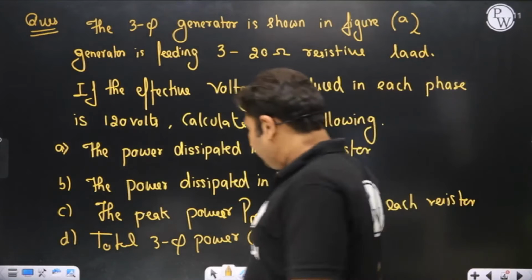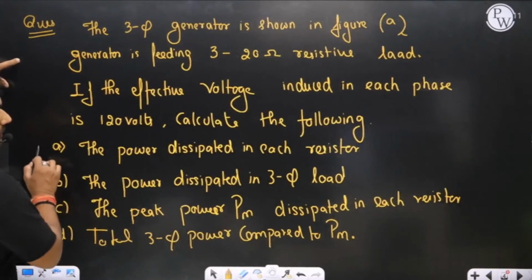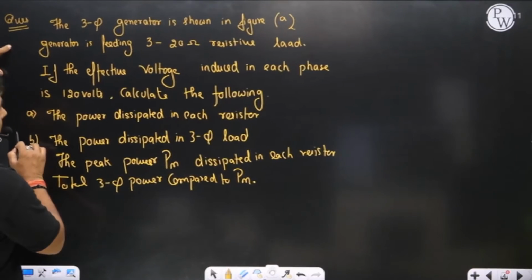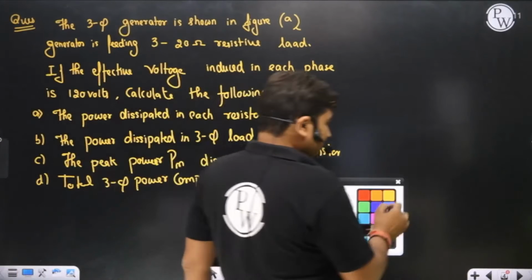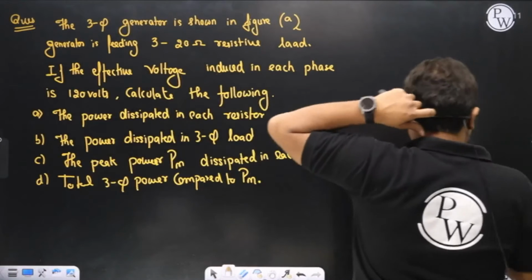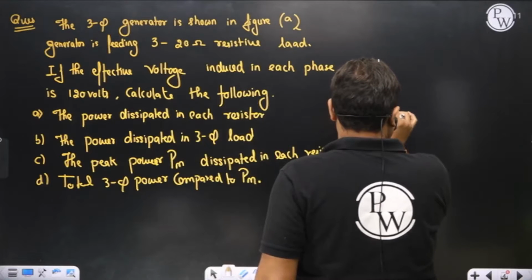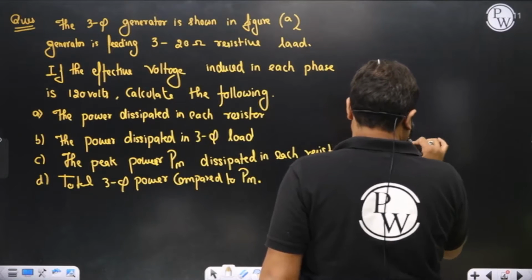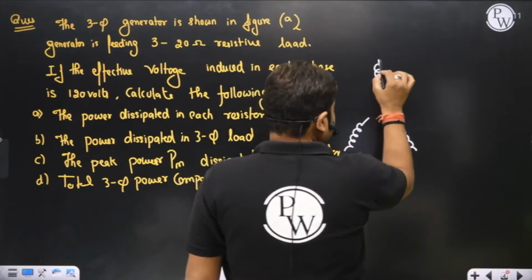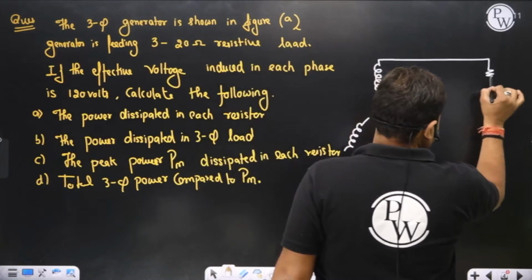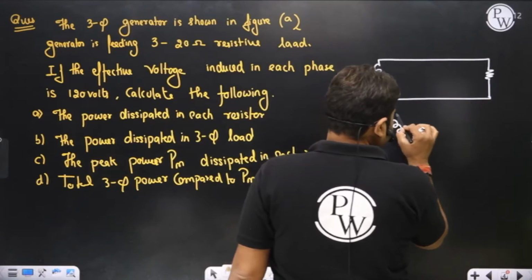Now please observe the figure given in this format. Let me show you the figure also. So we have one phase, another phase, and another phase, and the resistances are connected in this fashion.